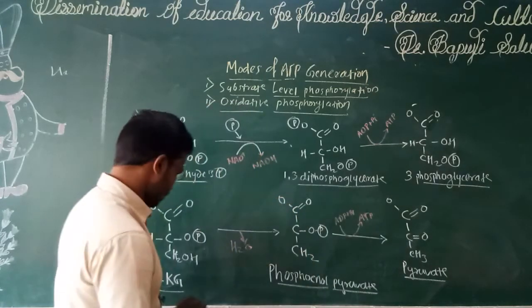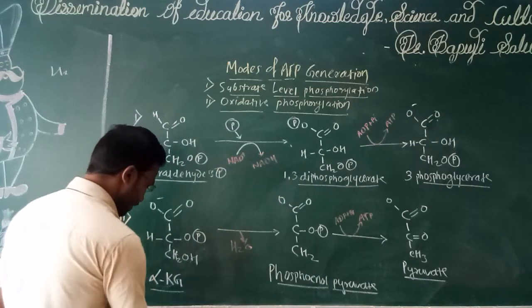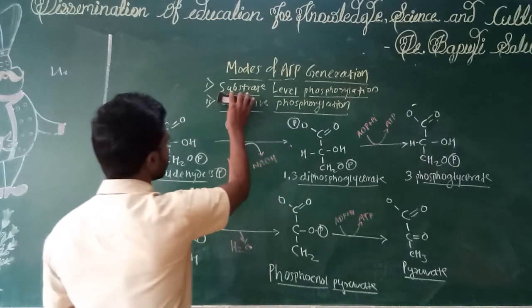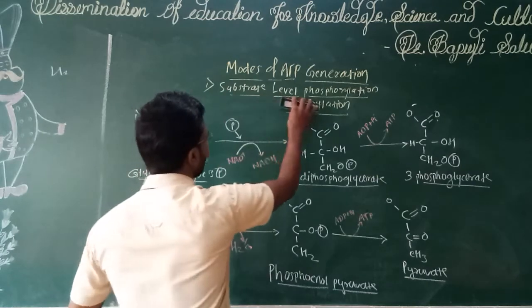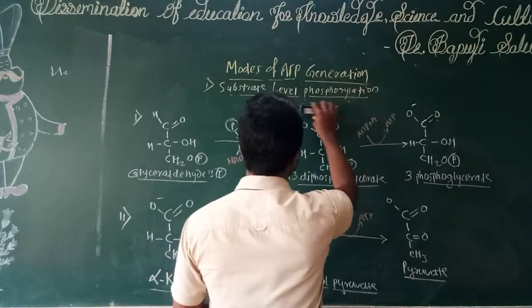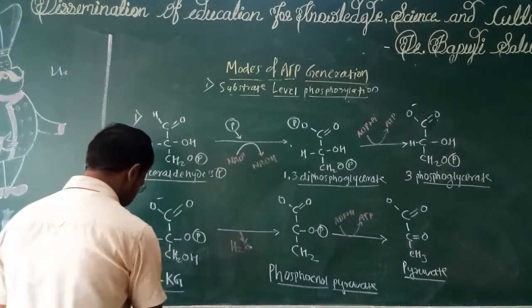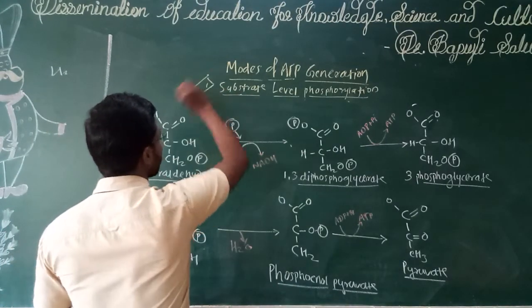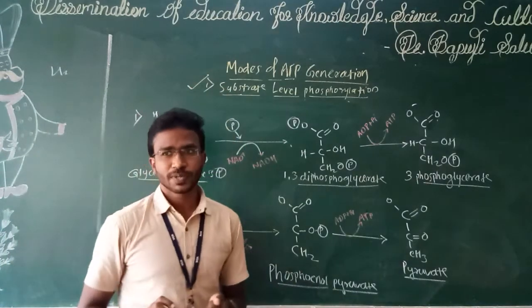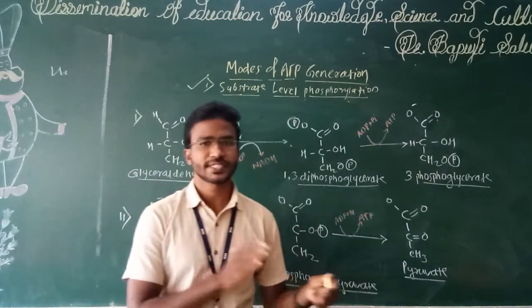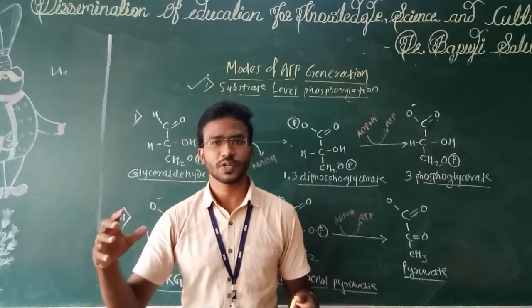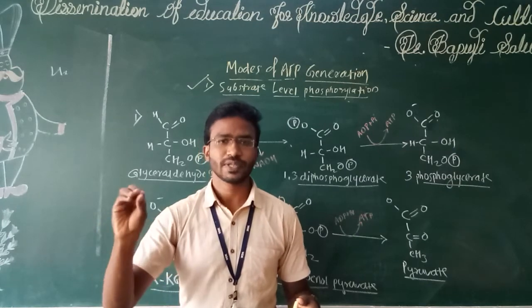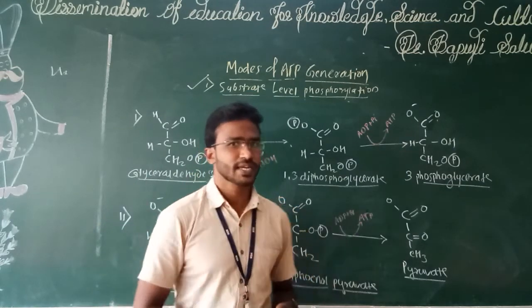The second way of ATP generation, and that is today's point of discussion, is substrate level phosphorylation. Now, what is the difference between substrate level phosphorylation and oxidative phosphorylation? Before that, we should know what is meant by substrate level phosphorylation.